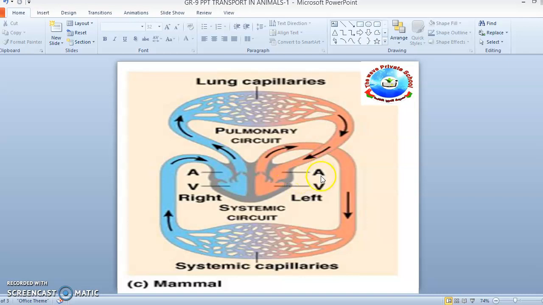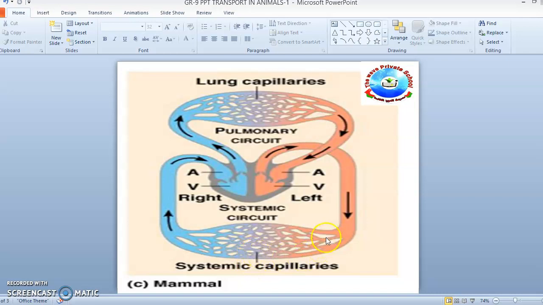It is called oxygenated blood. This oxygenated blood coming from the lungs is then carried to all parts, all cells of our body.